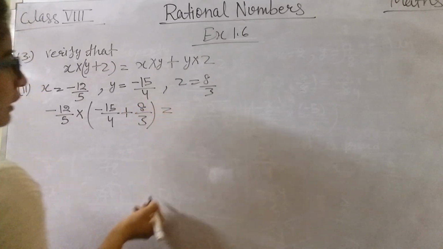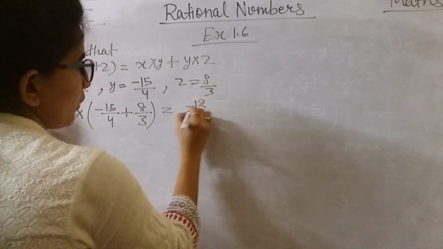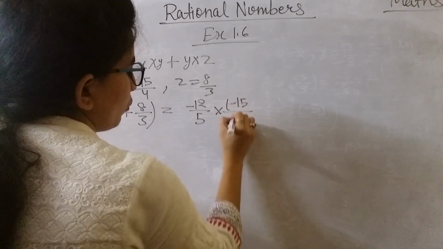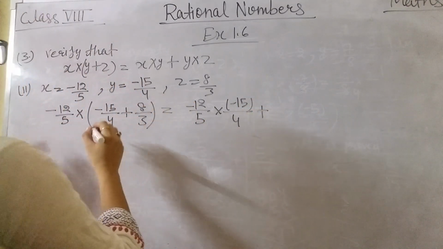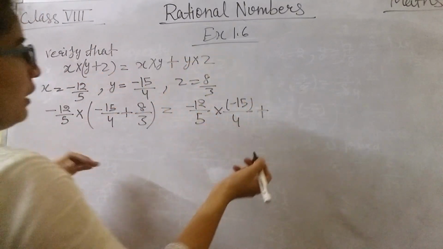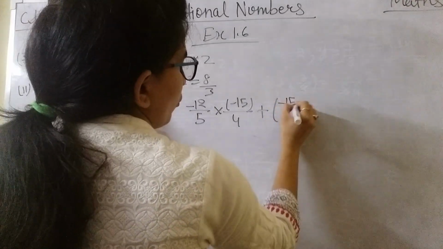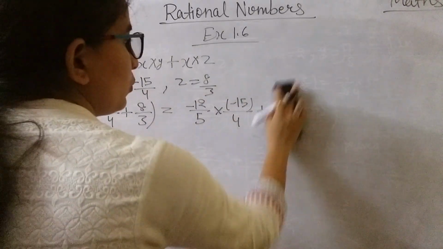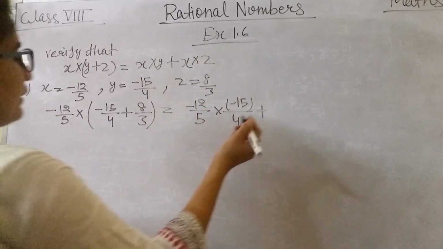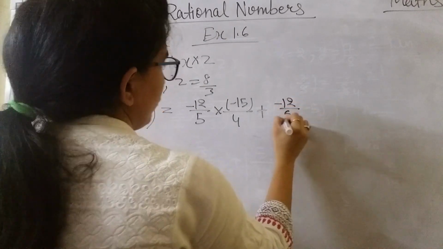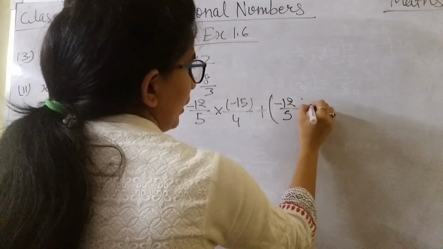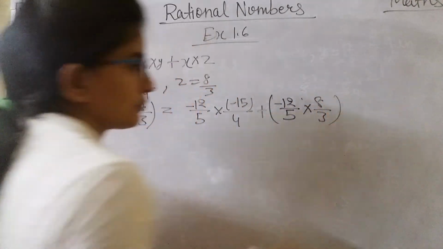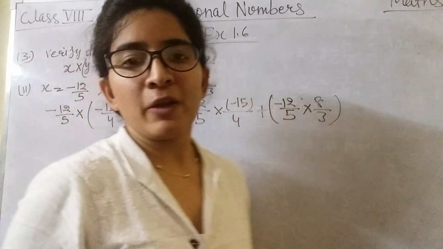It should be equal to x into y, that is minus 12 upon 5 into minus 15 upon 4, plus x into z, that is minus 12 upon 5 into 8 upon 3. Now again we have a very big equation.